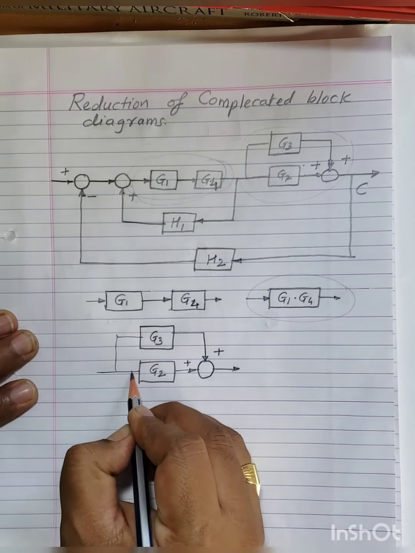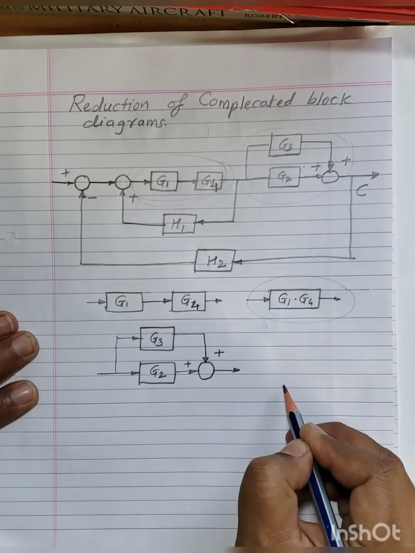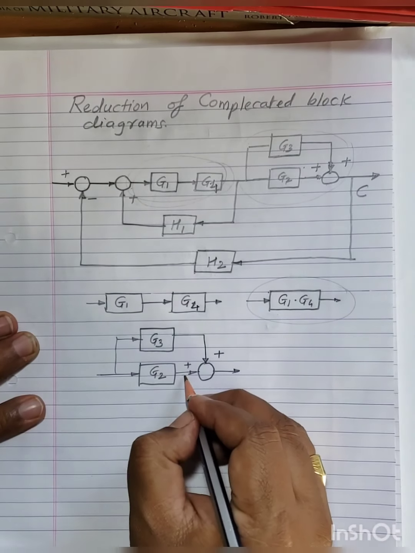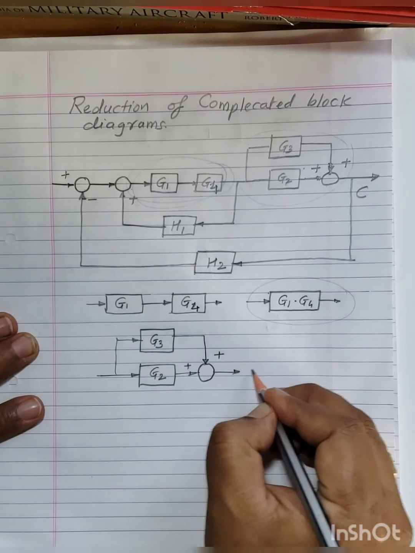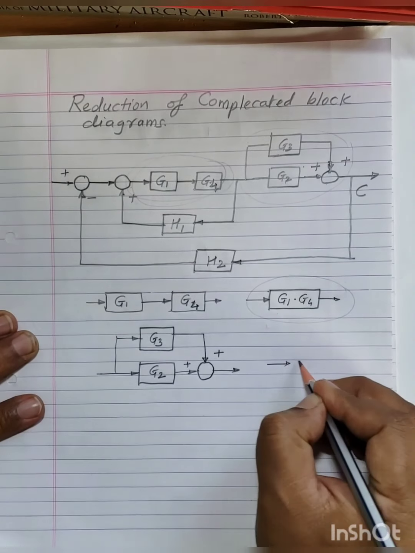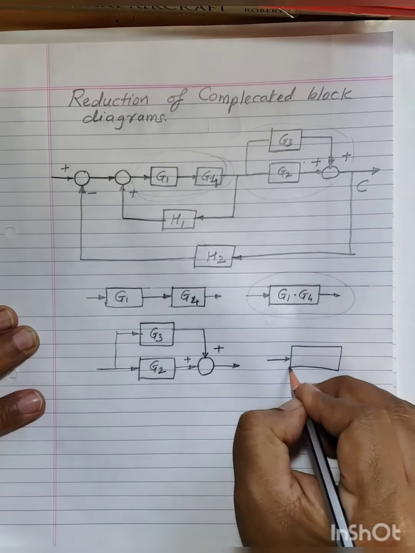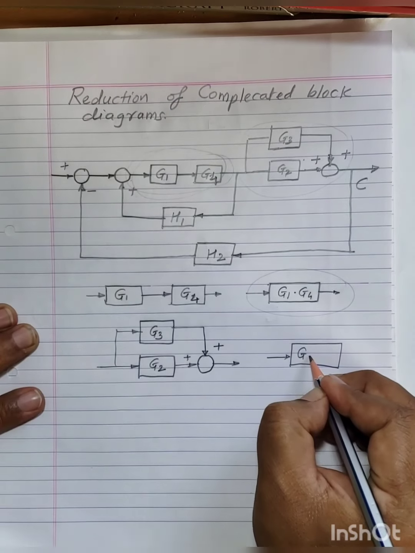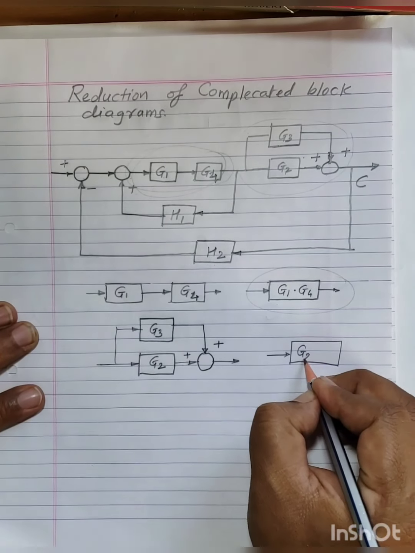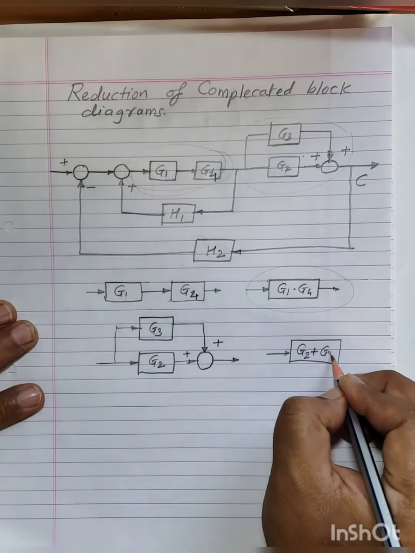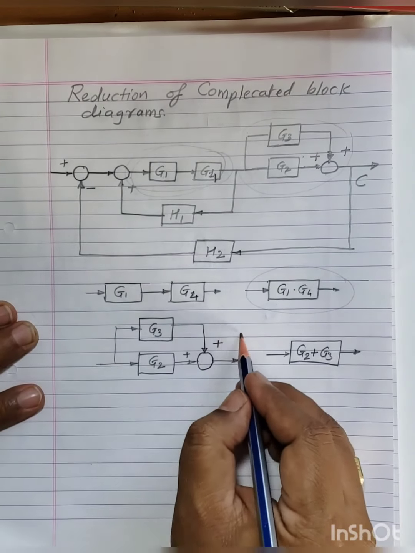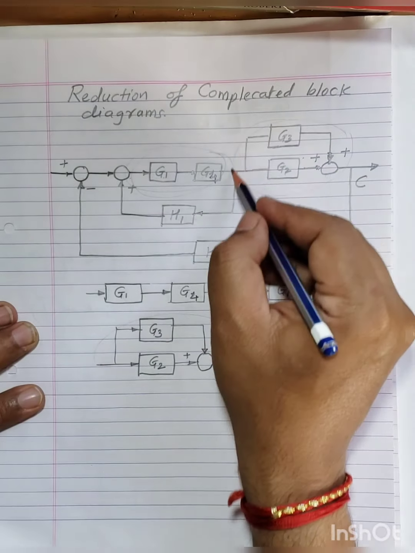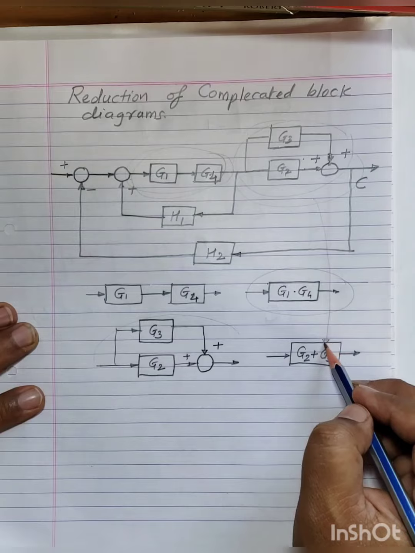So what will be the equivalent diagram for this? This is plus sign and plus sign. If summing happens, then you will get the equivalent block diagram as G2 plus G3. So this is an equivalent block diagram. So I can replace this block diagram with this.